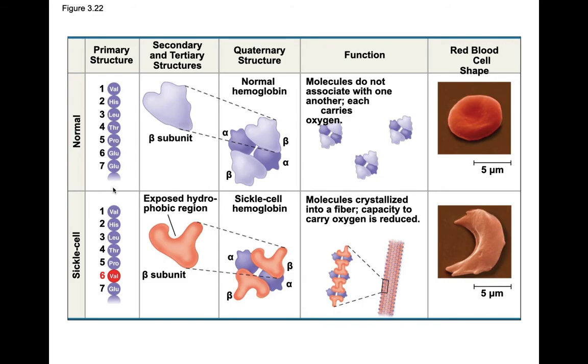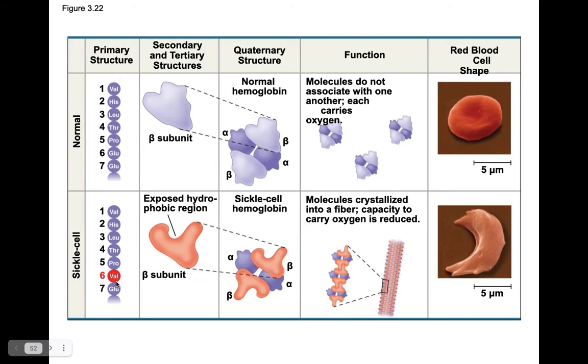But in a lot of people, especially in regions in malaria-prone countries, sickle cell anemia tends to be an affliction based on one change in amino acid. And the glutamine in position 6 is replaced by a valine. Now, this is based on genetics.